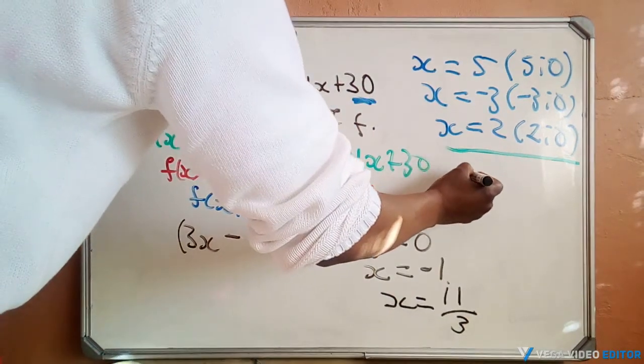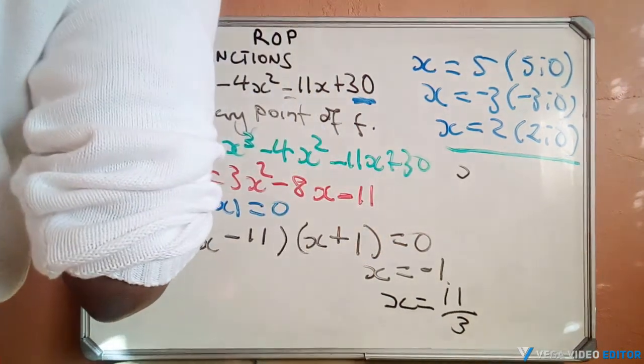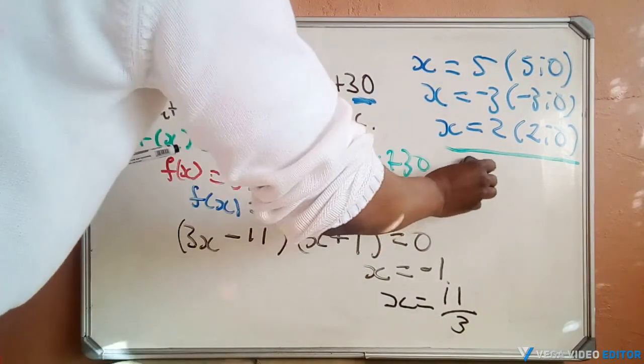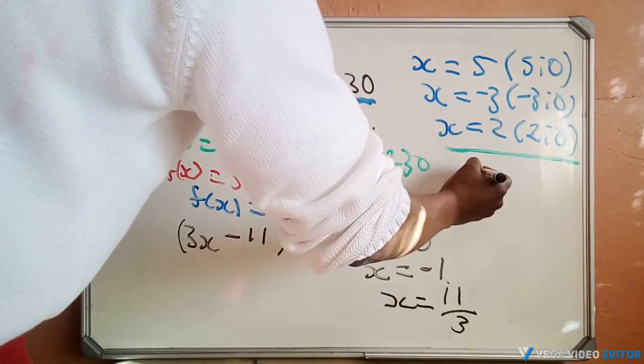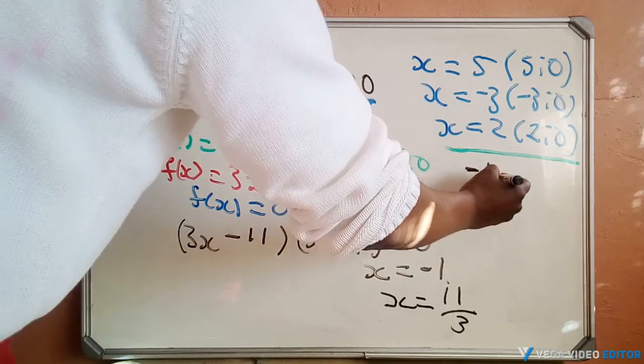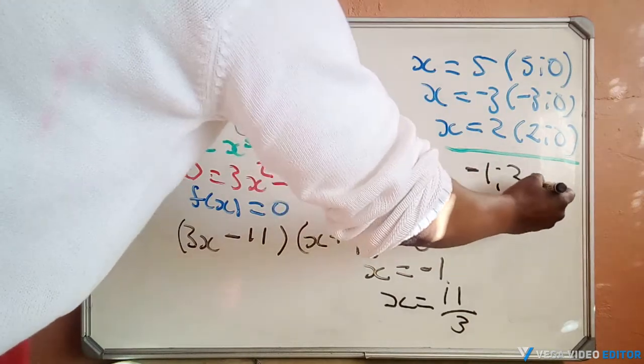So the turning point there will be x is -1, y will be 36.